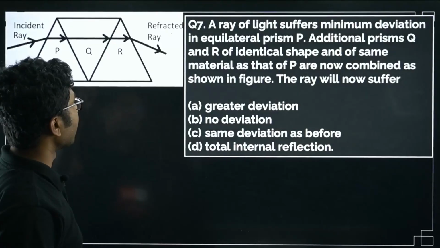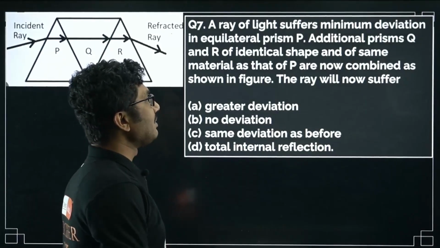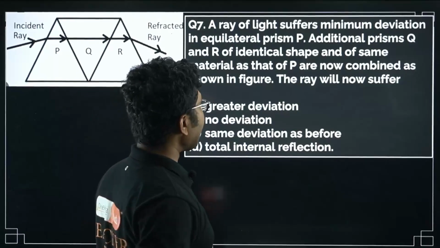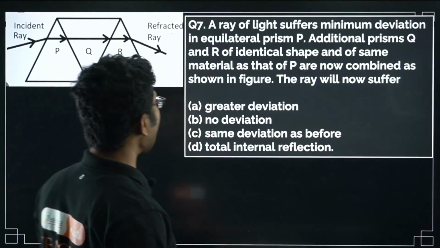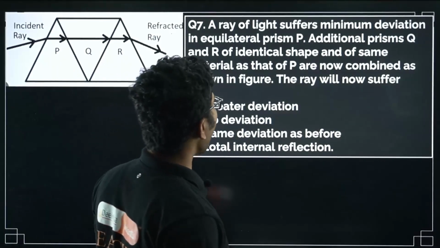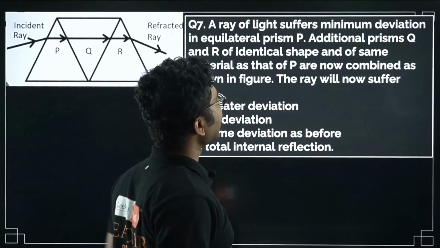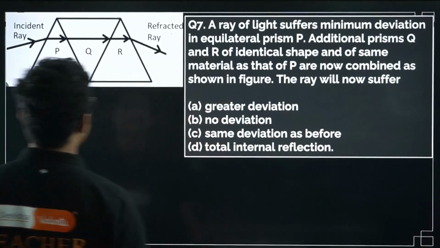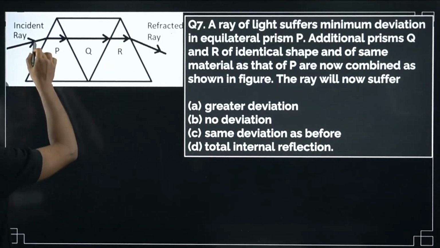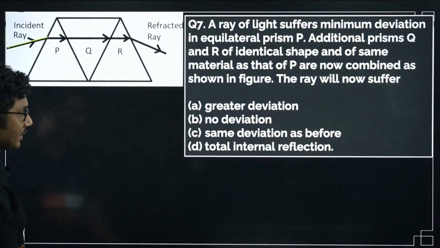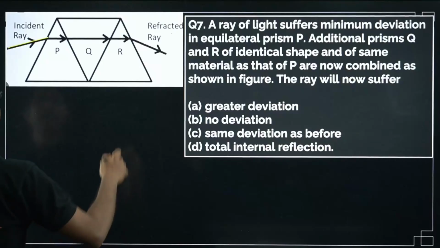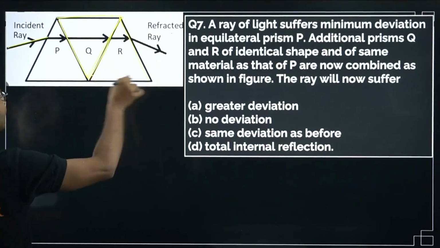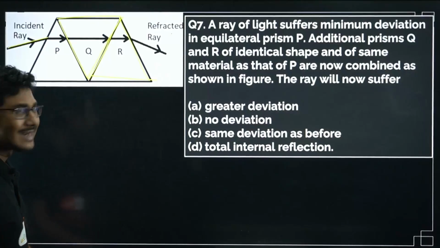Next is this one. A ray of light suffers minimum deviation in an equilateral prism P. Additional prisms Q and R of identical shape and of the same material as P are now combined as shown in the figure. The ray will now suffer? Here you have to understand that the ray is suffering minimum deviation. Now everything is the same, and we know that one equal and opposite prism basically cancels the other.